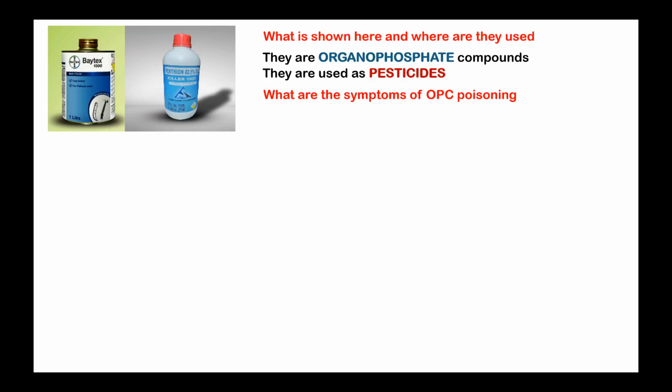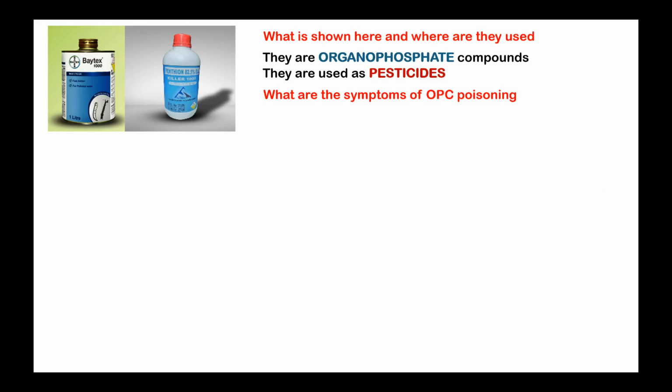Which system do they mainly affect? Nervous system. Which nervous system: motor, sensory, autonomic. Autonomic is sympathetic, parasympathetic.